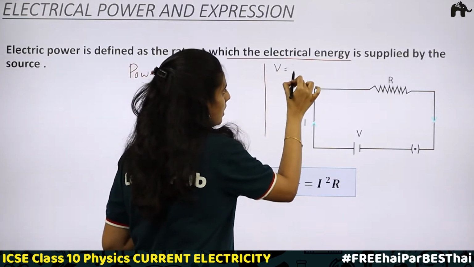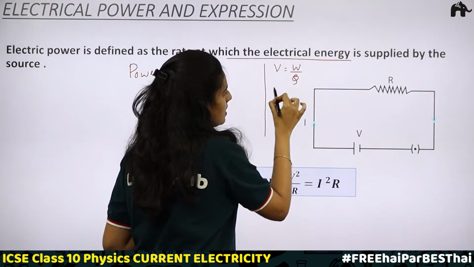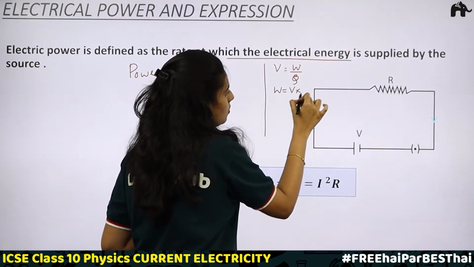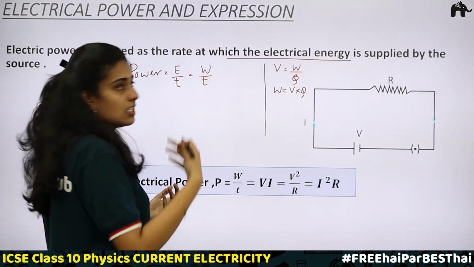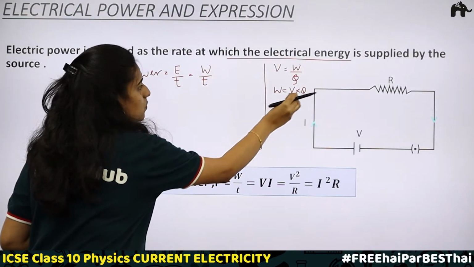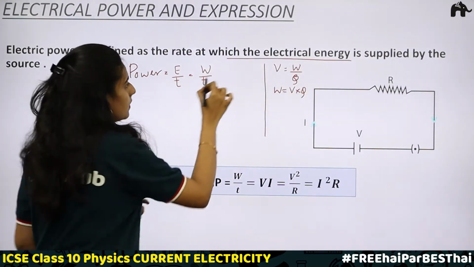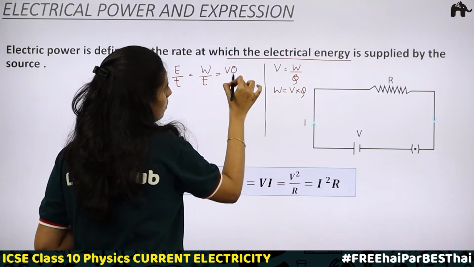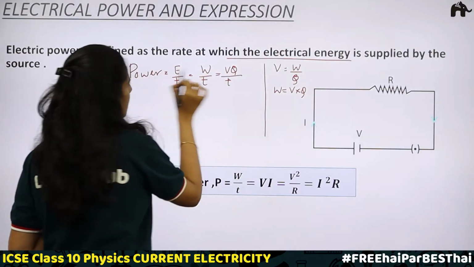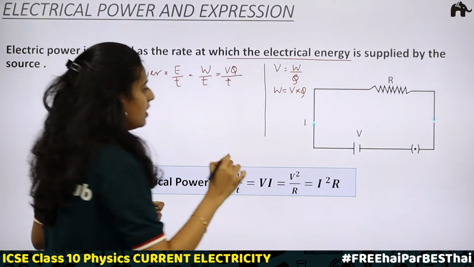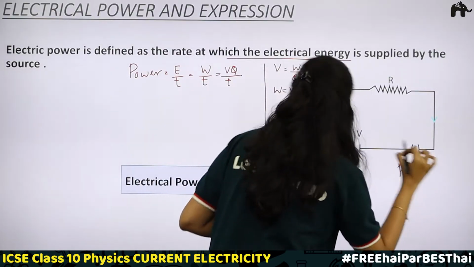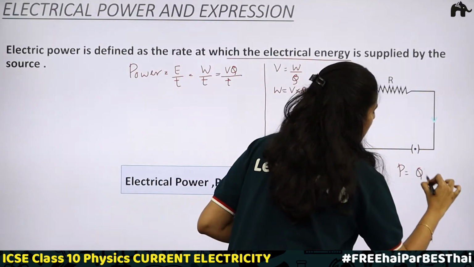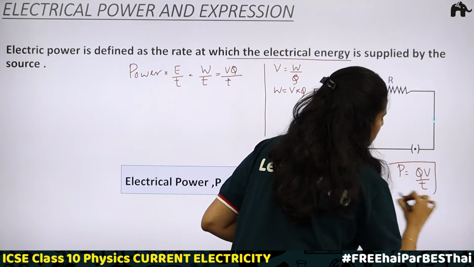V is equal to W divided by Q, from which we have W is equal to V into Q. Same thing that we have used in the previous part. So W is V into Q, so V Q divided by time. So here we have the first equation for power. Power P is equal to QV divided by T.